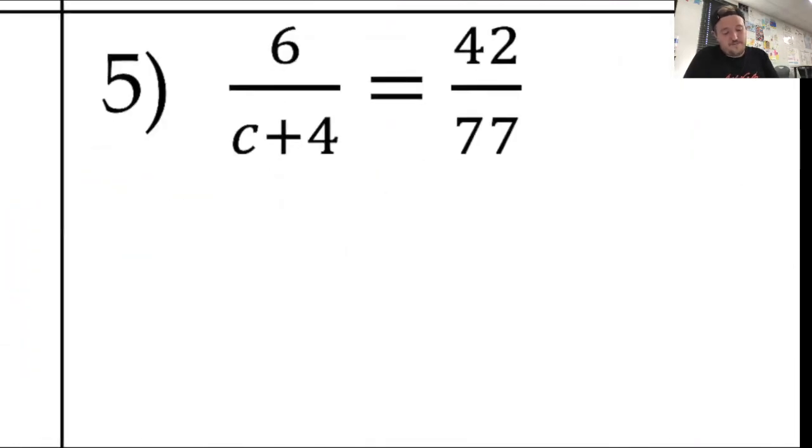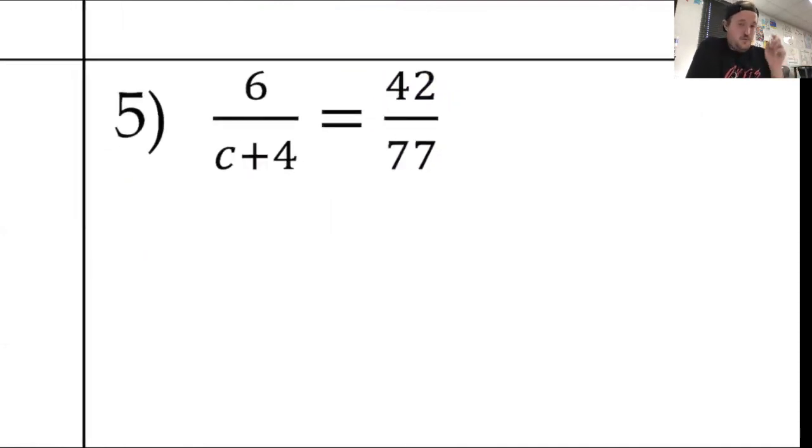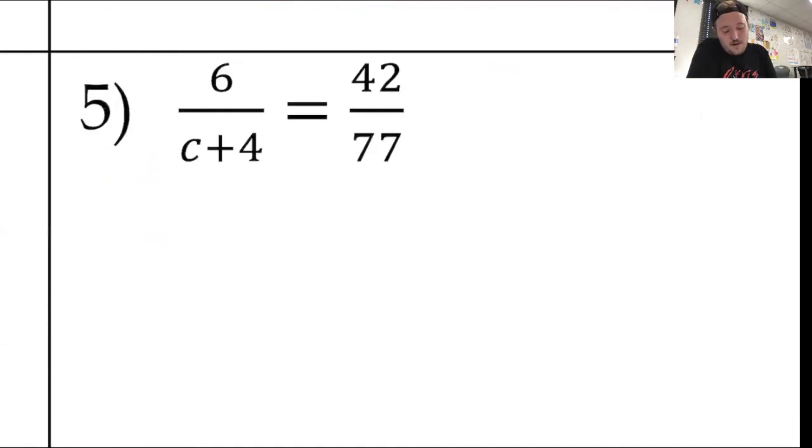All right, next one. So we have 6 over c plus 4 equals 42 over 77. So here's the thing. If you're someone like me who looks at this right side and you just want to scream and pull your hair out because big numbers, same. So if you notice, between 42 and 77, those actually have a GCF. So you can simplify this fraction before you start solving.